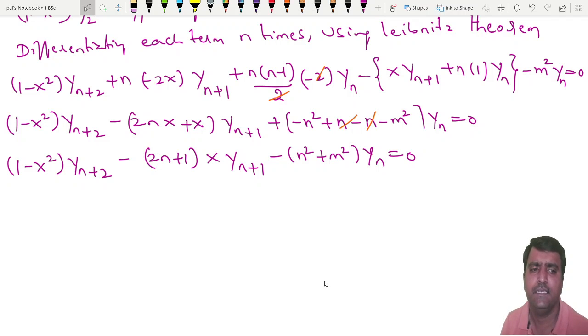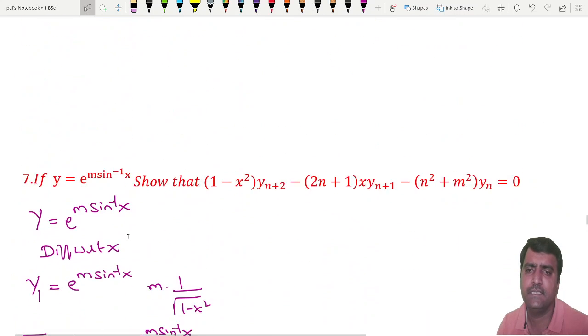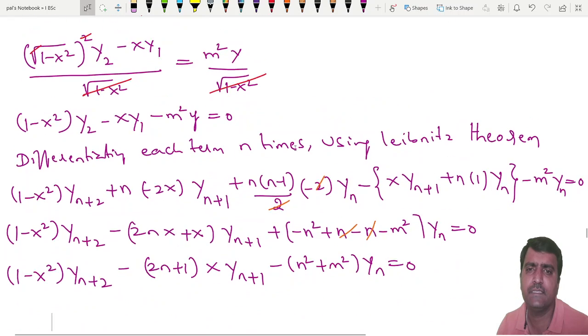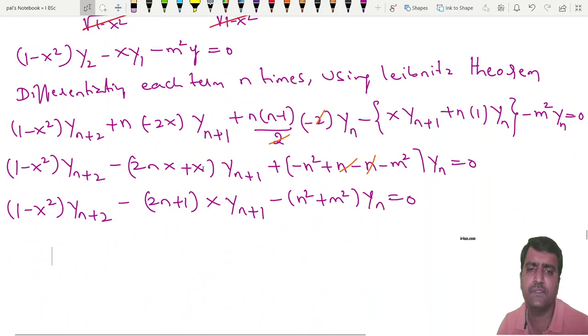So this is the nth derivative of the function e to the power of m sin inverse of x, right? So what is the result they are given? Minus of 2n plus 1 into x y plus 1, minus of n square plus m square. So that same steps you obtained here.